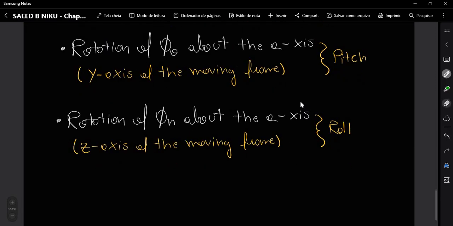Okay, n is on the moving frame x. And this is yaw.